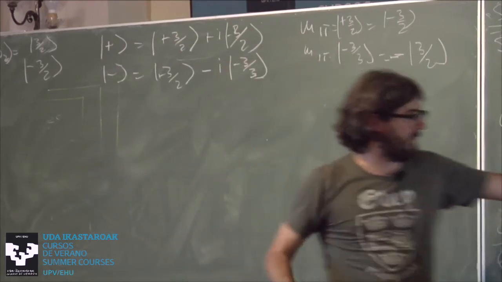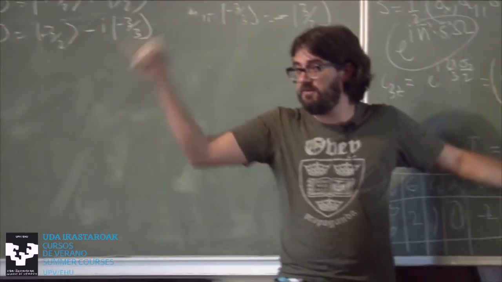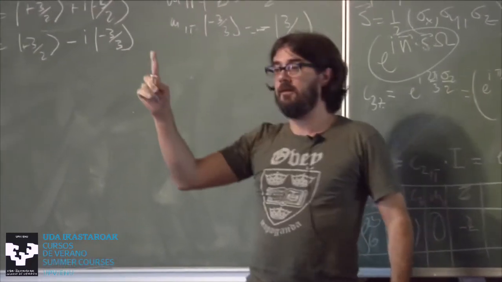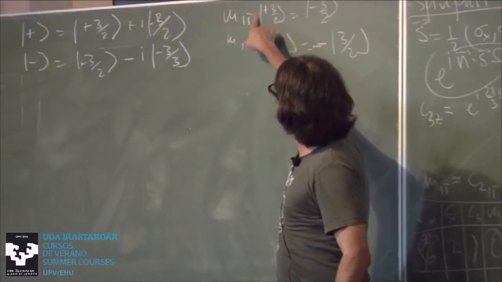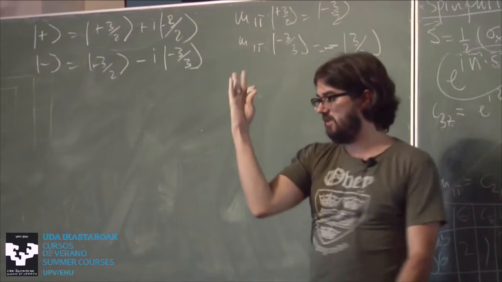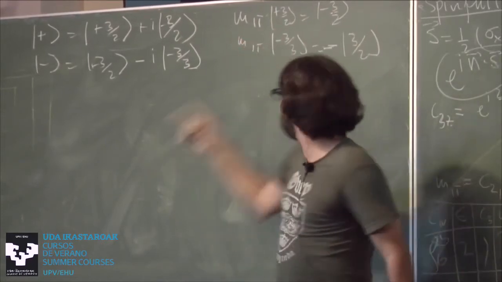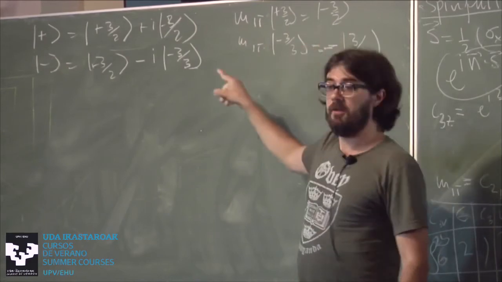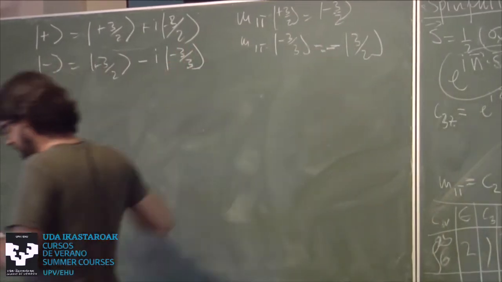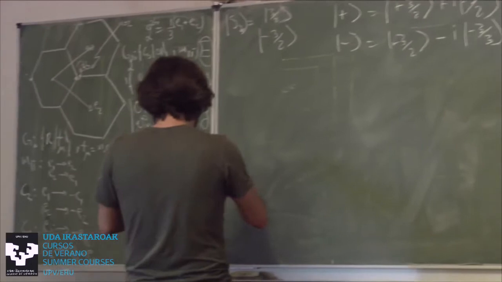Mirror twice is identity with a minus sign. It flips the spin by 2 pi, okay? So if I choose the basis where mirror takes 3/2 into minus 3/2, then when I do it again, I have to get 3/2 but with a minus sign. And this is the minus sign here. Because of this, these are mirror eigenvalues.